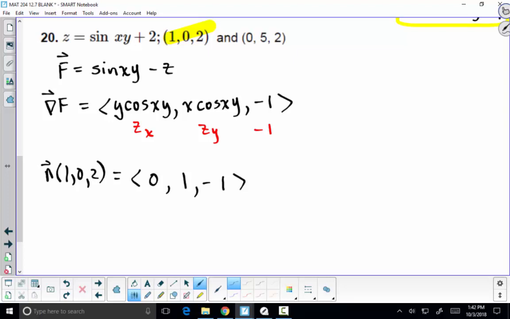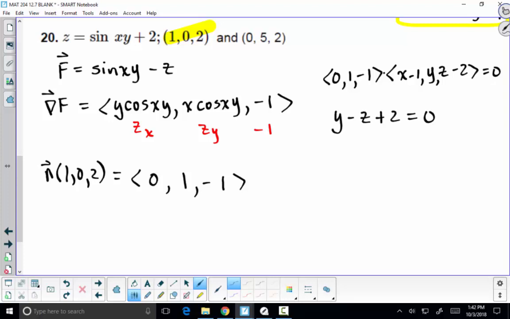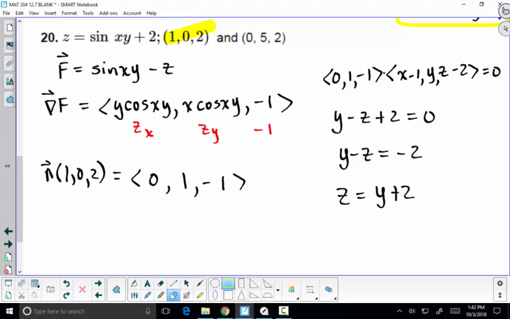We're going to dot it with a general displacement vector off of that point. So general displacement vector would be this. So there's our tangent plane. Just have to multiply it out. So we end up with y minus z plus 2 equals 0. If you wrote it in general form, it would look like this. If you wrote it in explicit form, it would look like this. Either are totally correct.